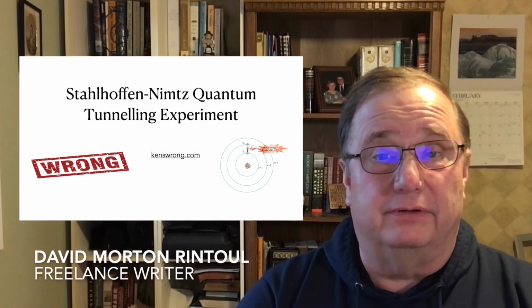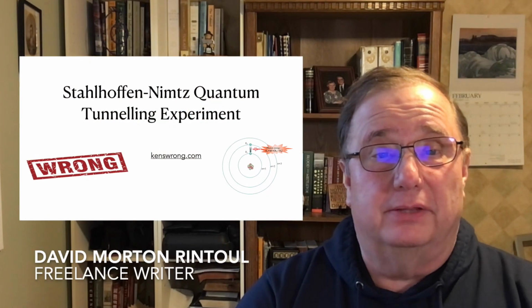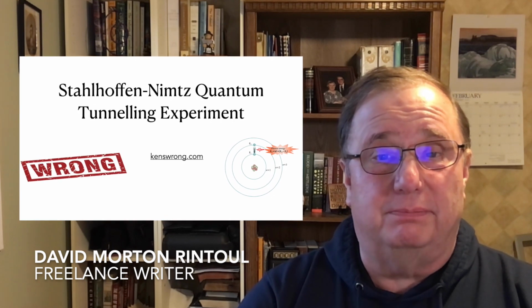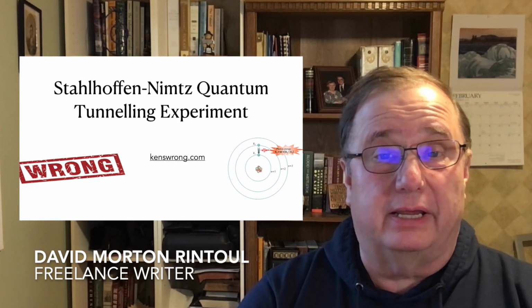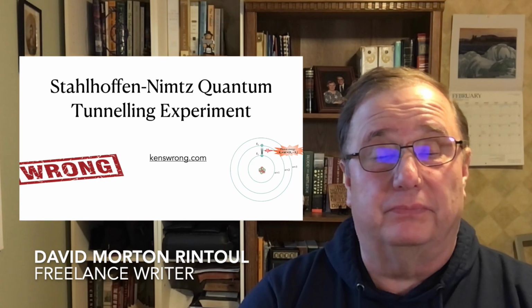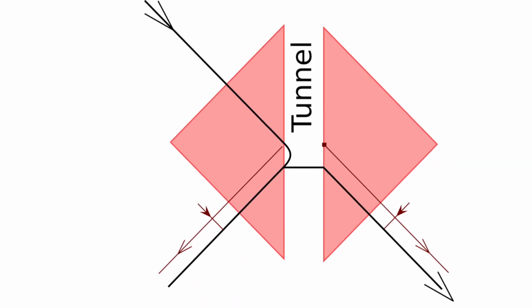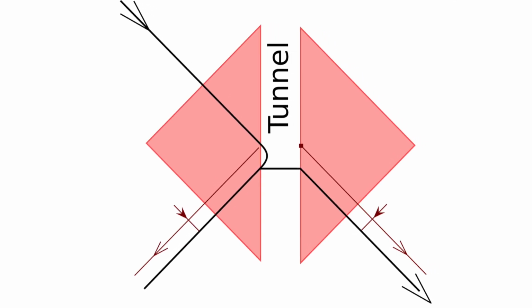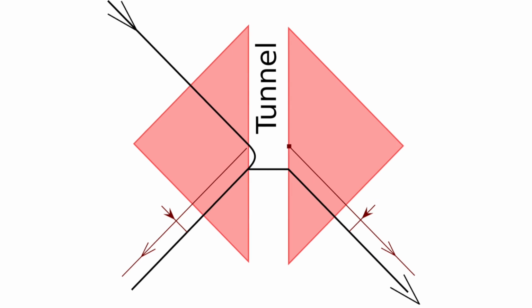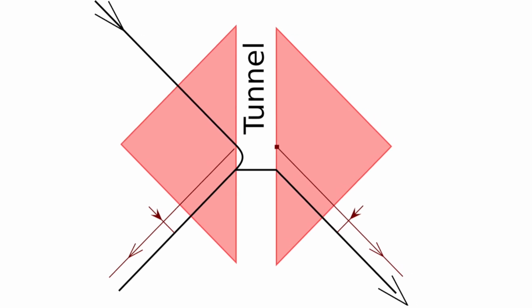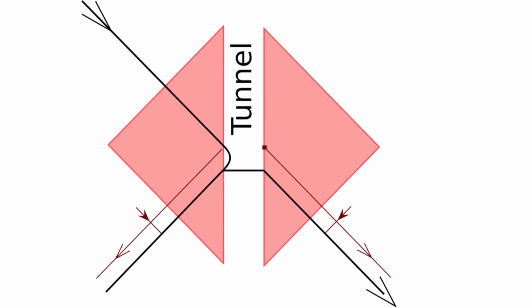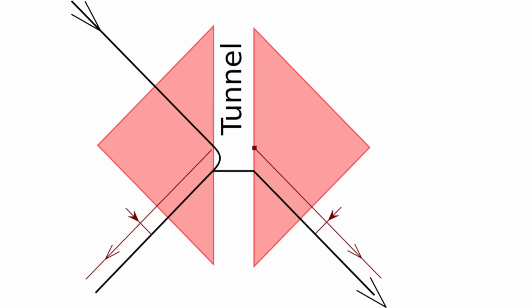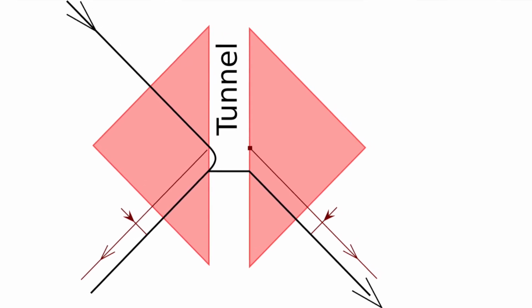In the Stahlhofen-Nimmt experiment, the scientists aimed a symmetrical light beam at a pair of right triangle prisms with a gap between them. This split the beam into a reflected signal and a signal that transmitted across the gap. The two signals arrived at their detectors at the same time. Physicists call this effect quantum tunneling, and it's due to the virtual behavior of photons.